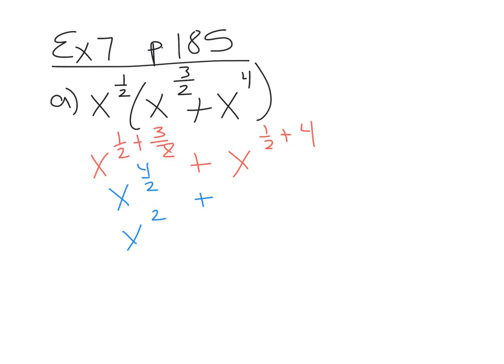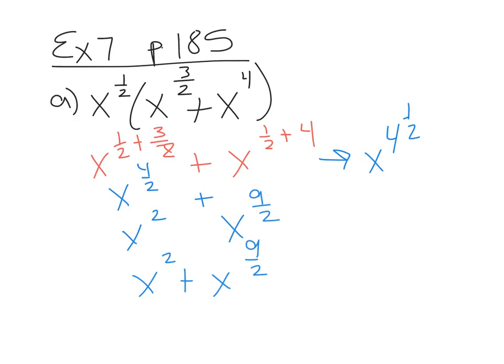So this is really x to the 4.5, but we're not going to use a mixed number. We're going to change that to improper fraction. So 2 times 4 is 8, plus 1 is 9. This would be 9/2. So we end up with x squared plus x to the 9/2. And you cannot add those two terms, because you can only add like terms, and like terms have the same exact exponent, so these cannot be added because they are not like terms.